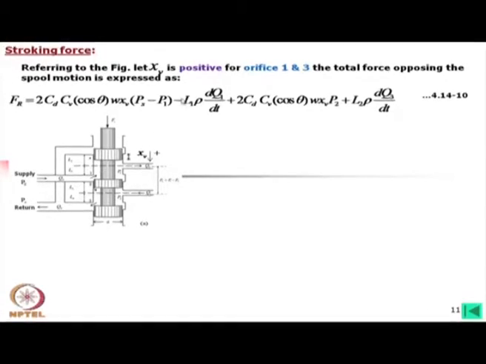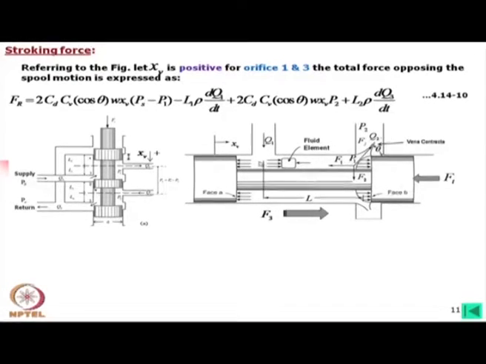So a minus sign has come, as these are opposite directions. In this case the flow is going out, so this force is acting like this, and this transient force will also be in the same direction. So you have to think about this carefully.